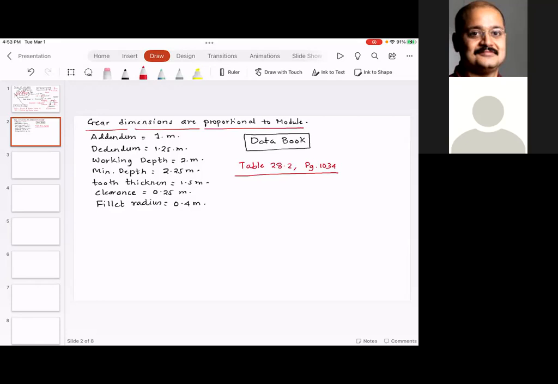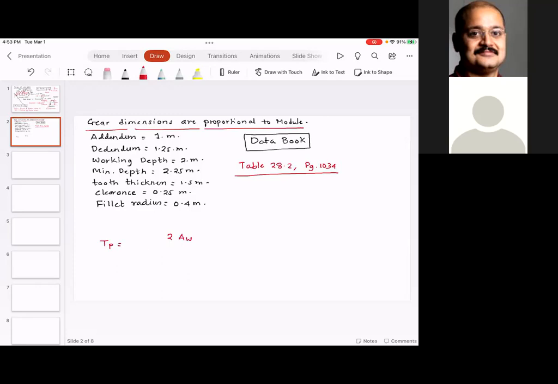Just like any design process, there are two ways to find the minimum number of teeth. There is this big complicated equation below, and I will write it down. To be honest with you, I don't remember this equation, so I need to refer to the data book.